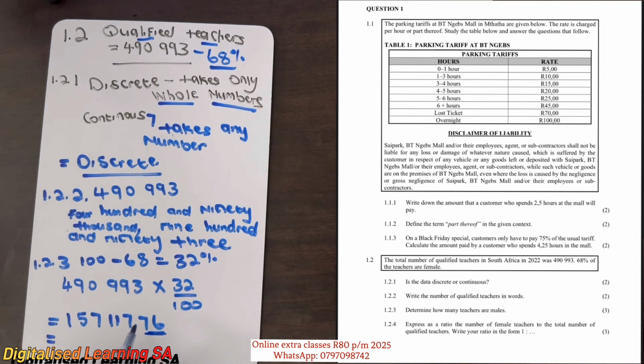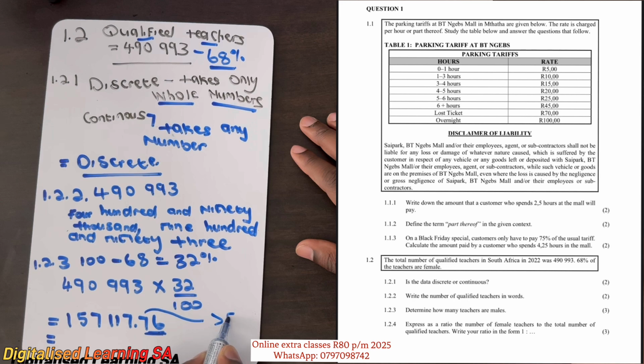Okay, so to do that, we will come and round it off. And when we round it off, we can see that this 7 here is greater than 5, meaning that it will force this 7, which is on the other side after the decimal, to increase by 1. But if it was below 5, it was going to stay the same. So it was going to stay at 7.